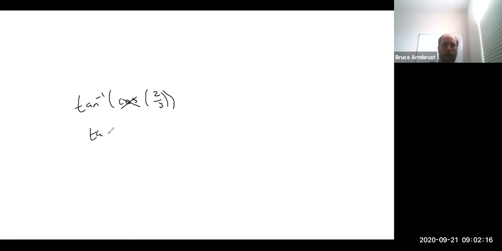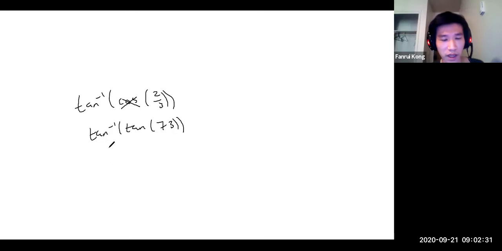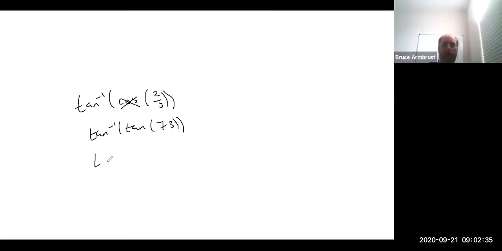So inverse tangent of 73, something like that. For like 41 pi over 11, like that. Oh, okay. Yes, yeah. We can do that. Inverse tangent of tangent 41 pi over 11. Okay.